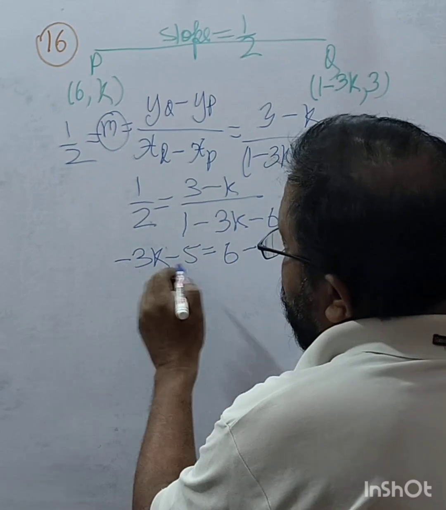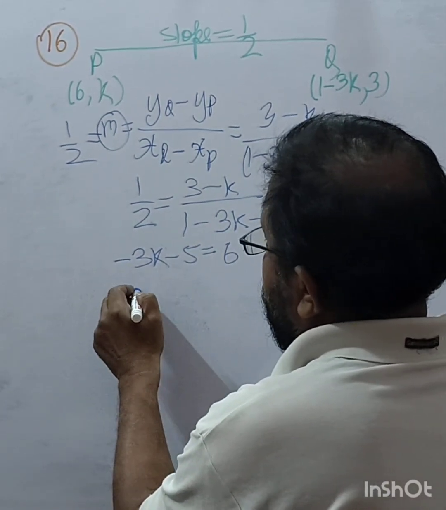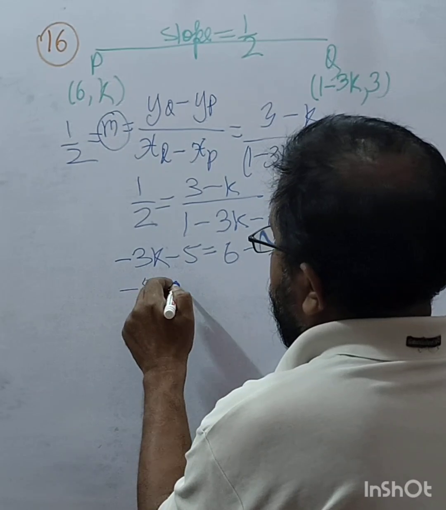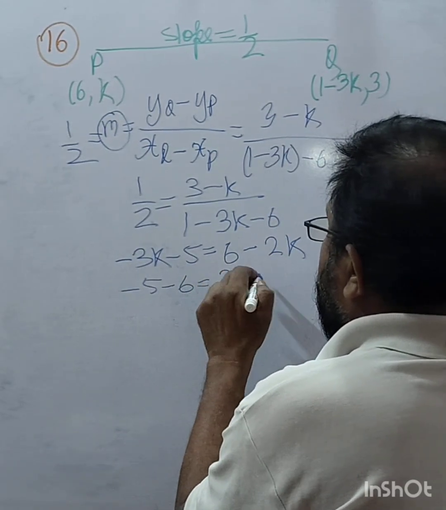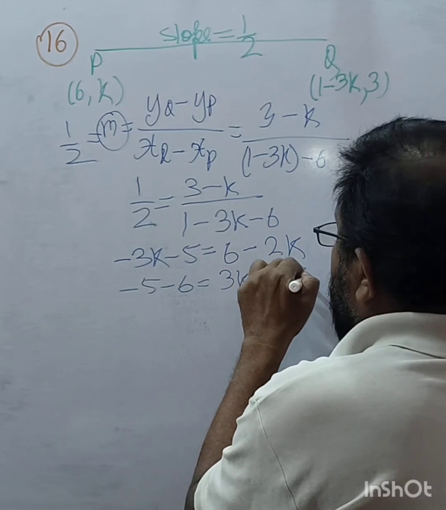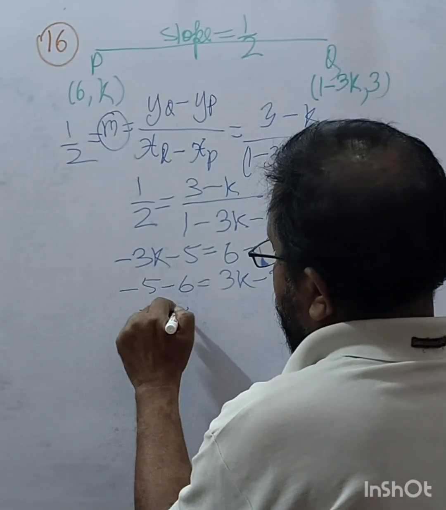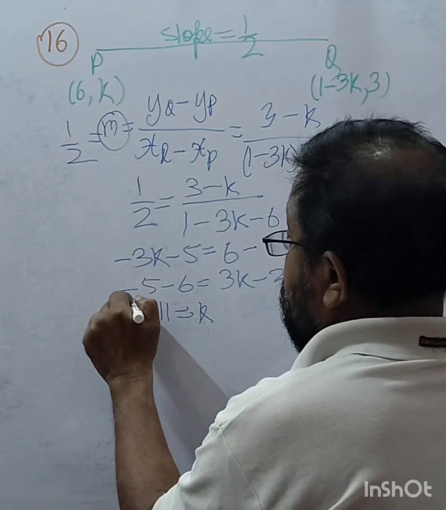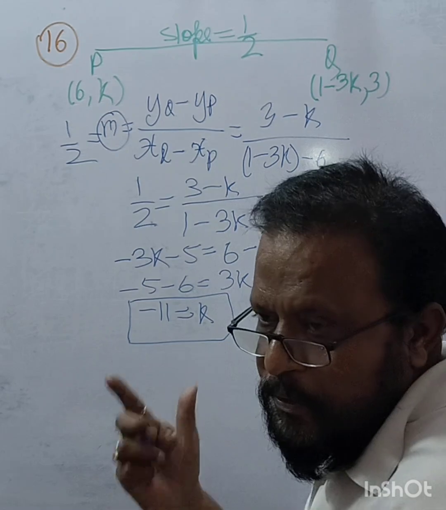So when you bring this on this side, minus 5 minus 6 becomes 3K minus 2K. What is the value of K? Minus 11. So K is equal to minus 11.